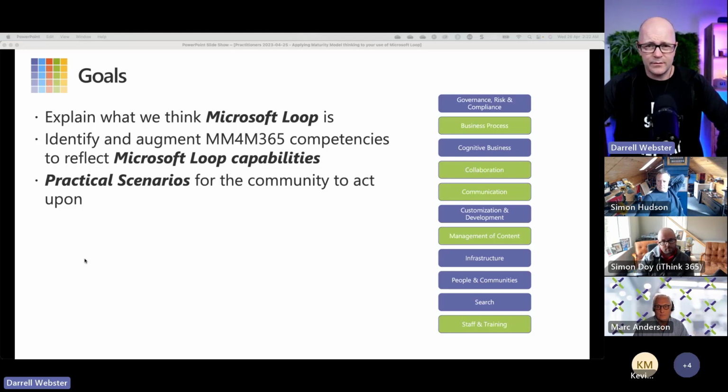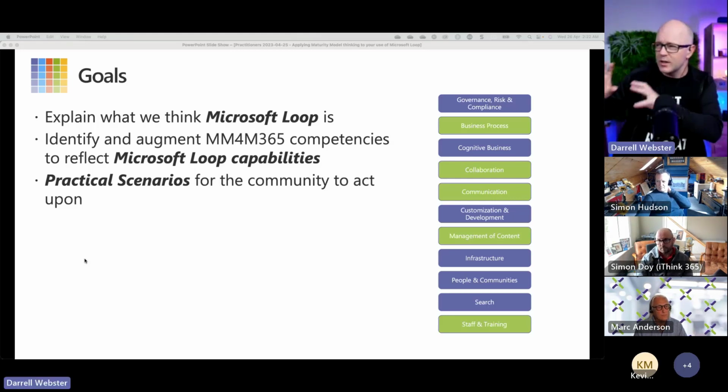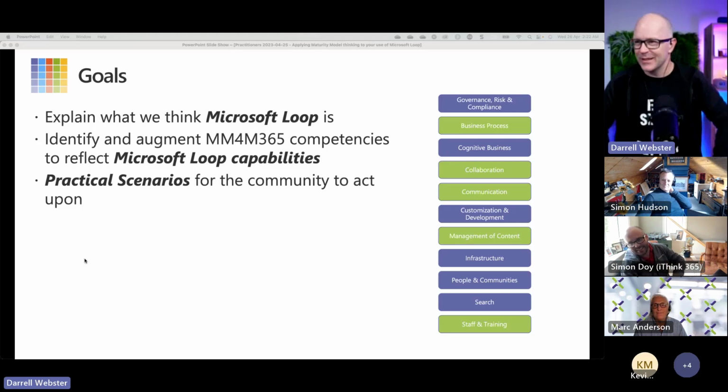Our view might change after the presentation in terms of what it might cover. Thinking in terms of cognitive, business, infrastructure. Actually, it's the green ones we want to focus on. I flipped these around. We'll have a look at a different slide a bit later. But you're familiar with the competencies. Keep these in mind as we look at Loop and what it does.